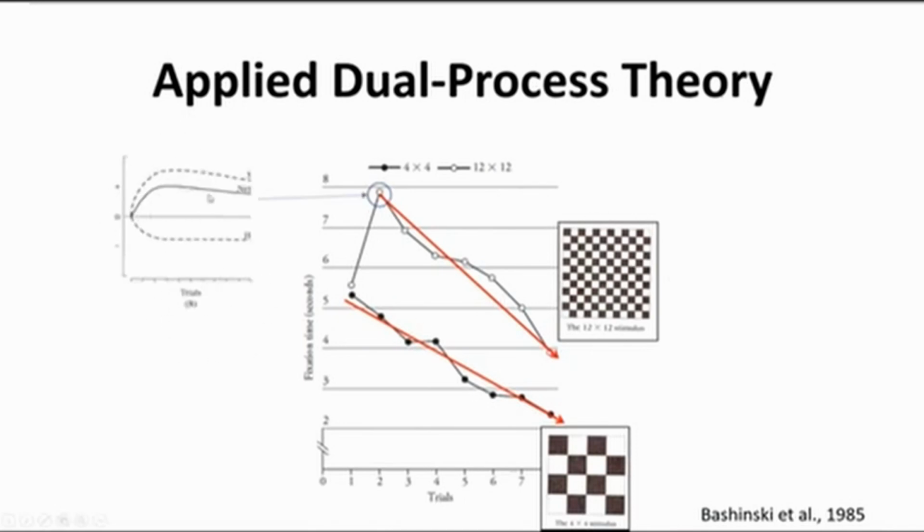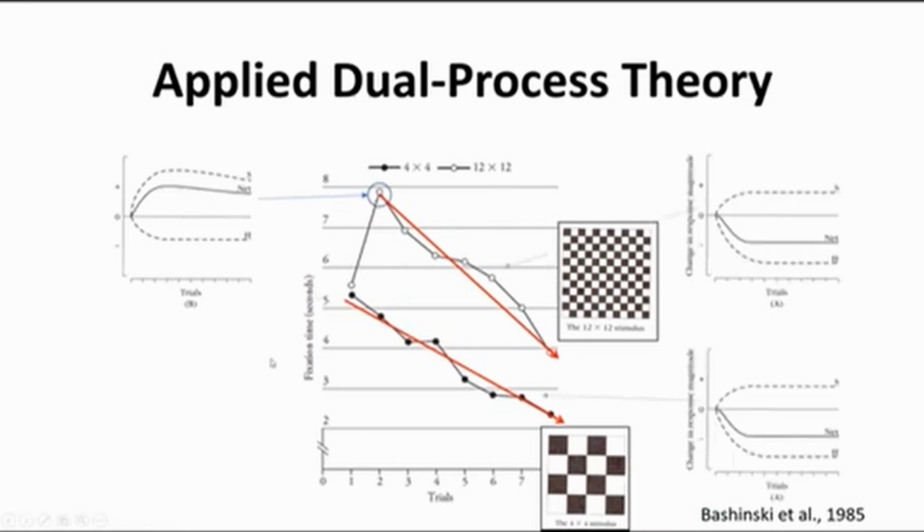And so our data might look something like this in the background, where we have a much higher sensitization process than habituation process, and so we see a net sensitization effect. That's that higher responding to the more complex stimulus.